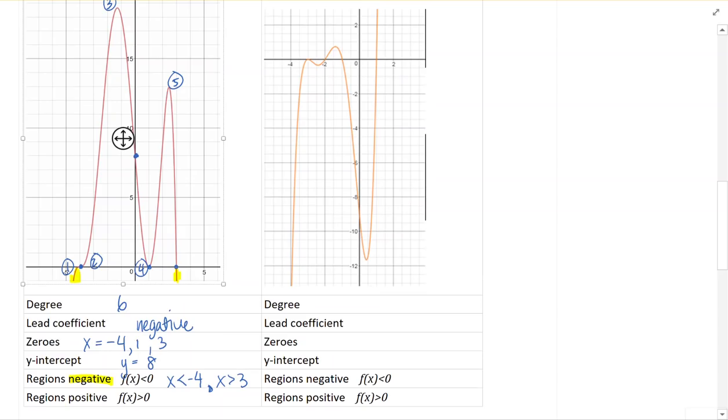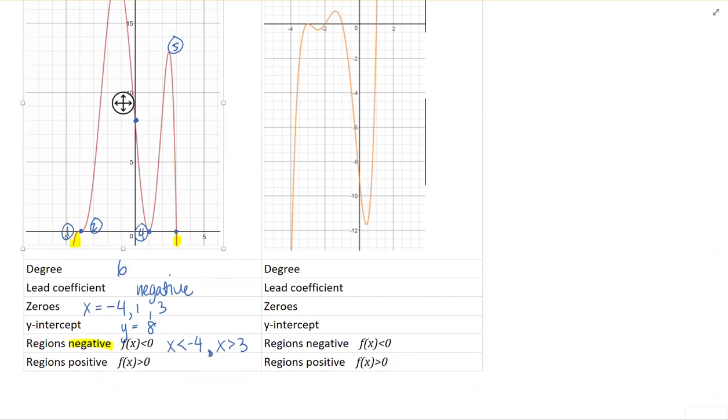Well, that is basically the rest of the graph. However, you do have to be very careful, okay? Just because it looks like the rest of the graph is above y, but there are these x-intercept points. These x-intercept points, since it's at 0, it's neither positive nor negative.